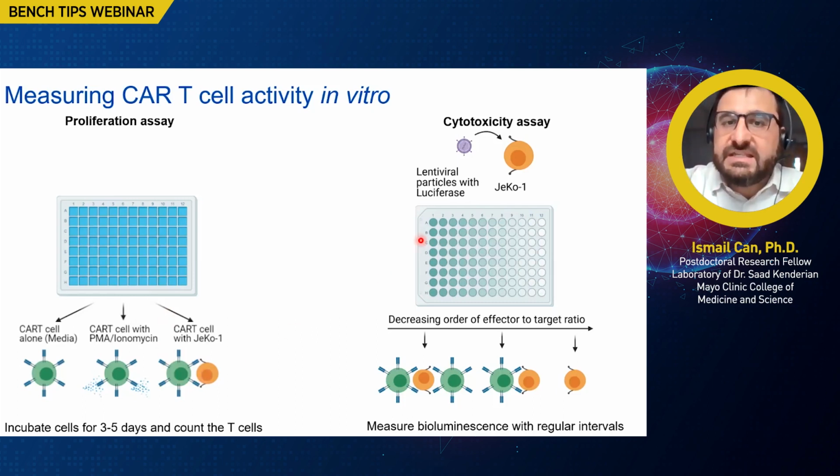And in the cytotoxicity assay, we co-culture them and we measure the bioluminescence, because we transduced our target cells with luciferase. When we give the substrate, we measure the bioluminescence, and the signal lost in the mixture of CAR T and target cells versus the target cells alone tells us the cytotoxicity levels of our CAR T cells.